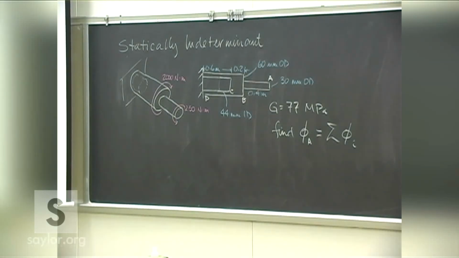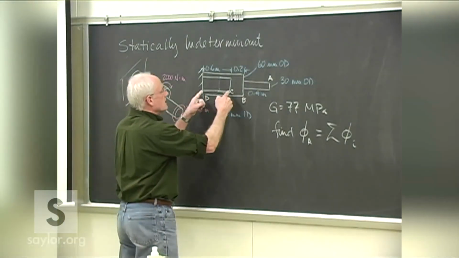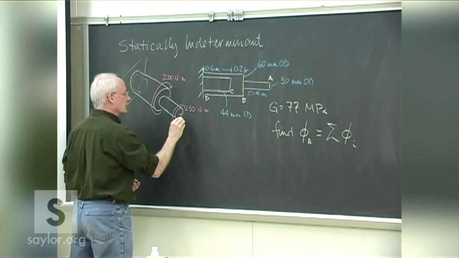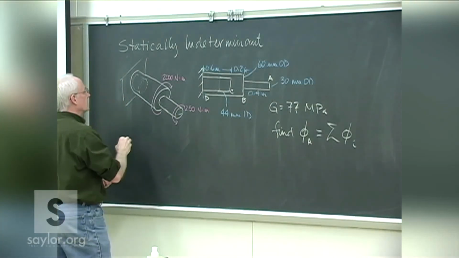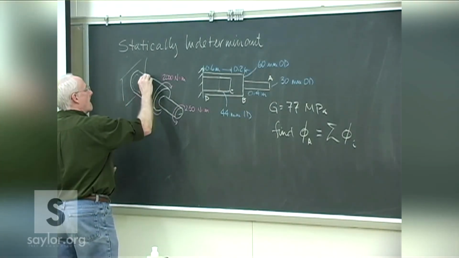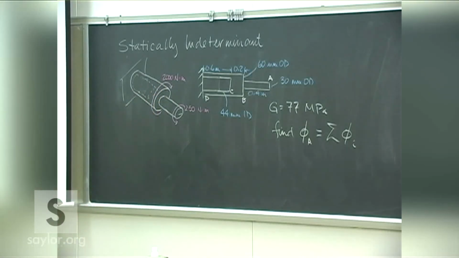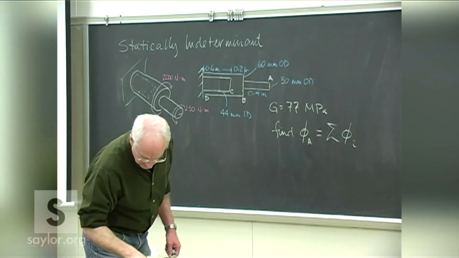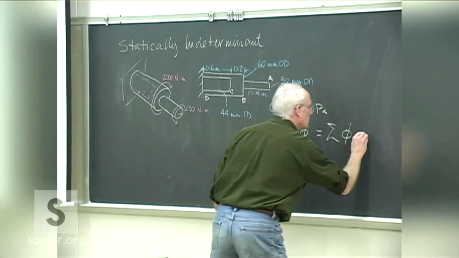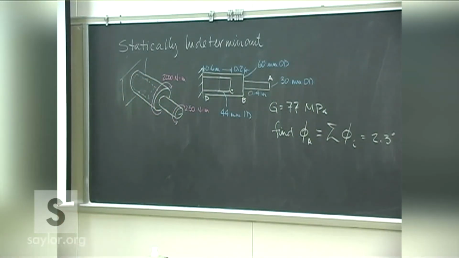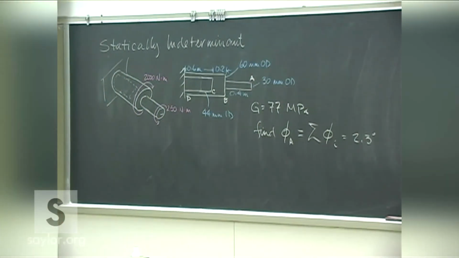Okay, so you're going to have some angular deflection in here, some here, and some here to determine the total angular deflection of that free end there. All right. Double check, see if you can get it. But I have actually 2.3 degrees as the total deflection of that end.